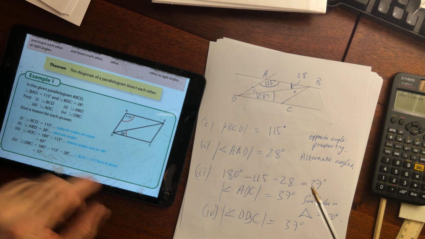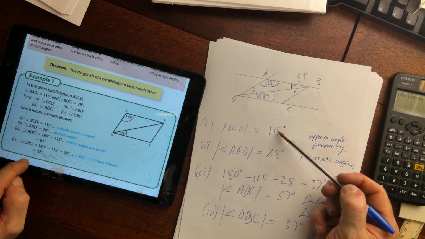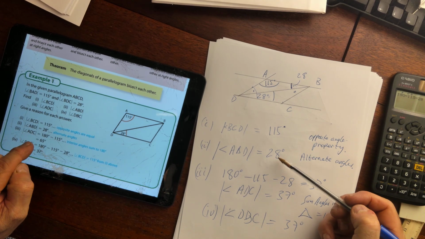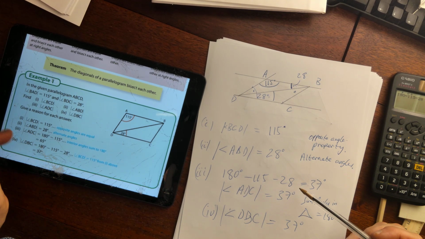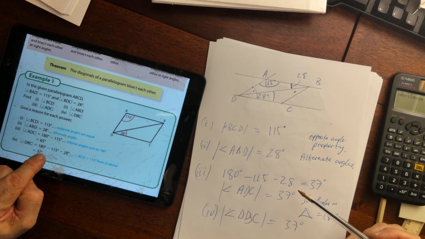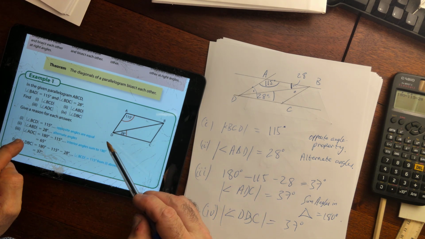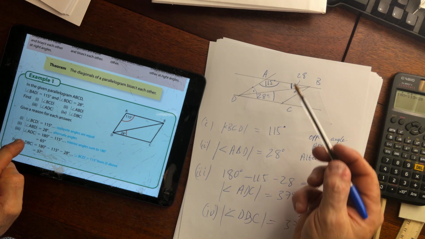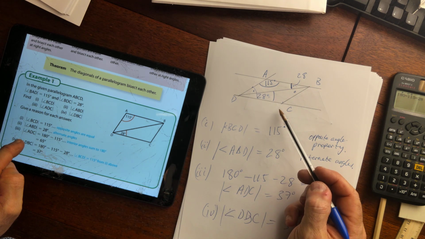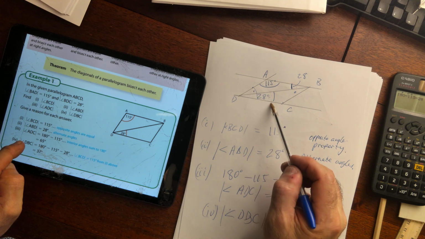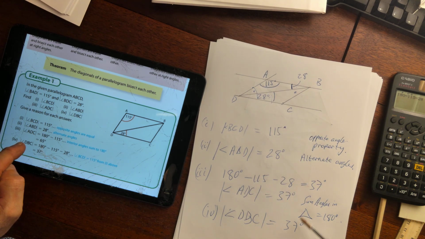So let's see how we got on. They have 115, they have 28, they have 65. Oh, it was ADC, which made this collectively 65, just as 28 and that.